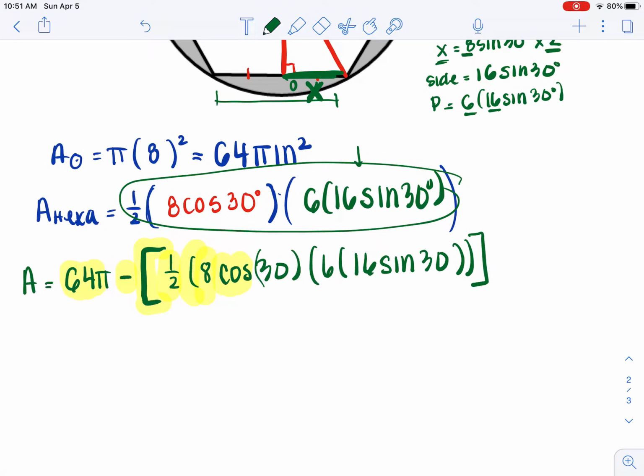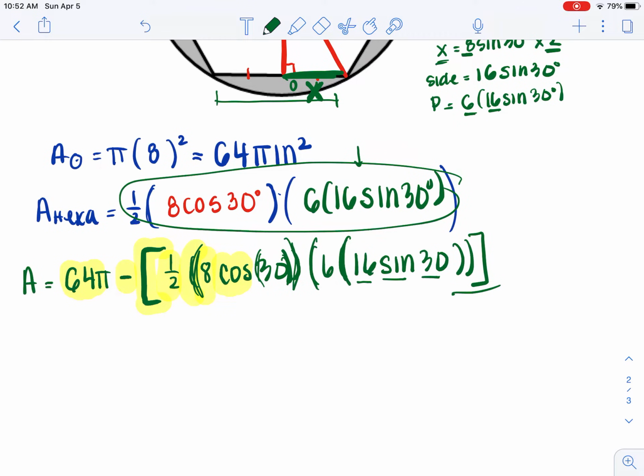Okay, because if another one opened right here on yours, you're going to have to close that one. 30, if you have to close a parentheses, close it, and then close this parentheses right here. Open a new parentheses, 6, open another parentheses, 16, sine 30. Now the nice part is that you don't have to hit the parentheses 3 times after that. You can just hit enter. The opening parentheses are really important, and so is this closing one.